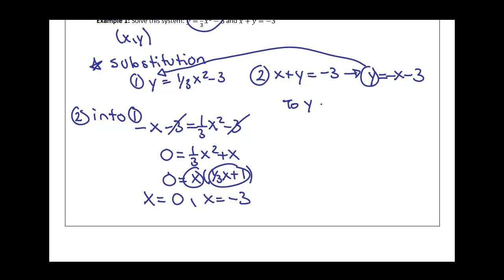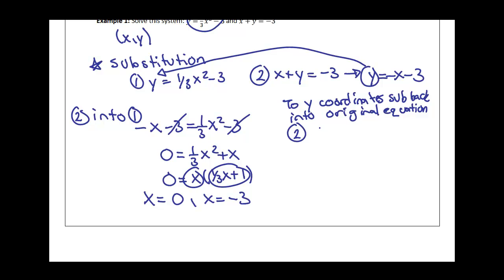So to determine y coordinates, we can sub back into an original equation. I'm going to use equation 2 because it was a more simple equation.